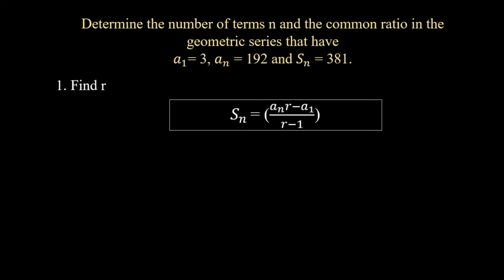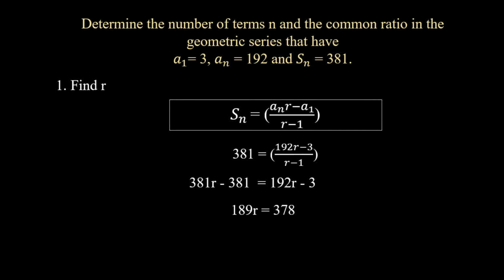After substituting, you'll get 381 equals 192 times r minus 3 over r minus 1. Moving and calculating, you'll get 189 r equals 378 and r equals 2, which is the common ratio for this geometric series.